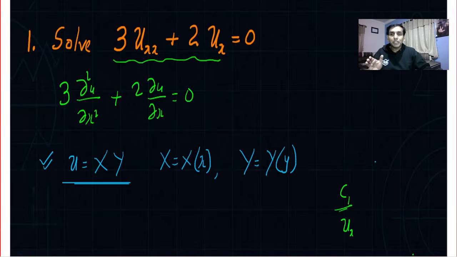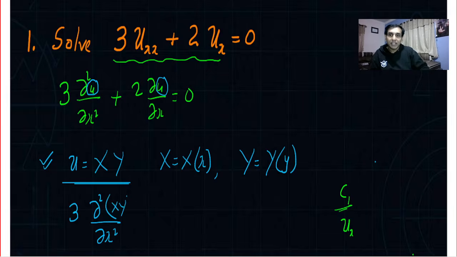Now, the solution will balance the equation. I showed you examples from trigonometry, from quadratics, from derivatives, etc. in the last video. So the solution can be replaced with this u. I'm going to write 3 del square by del x square of x into y plus 2 del by del x of x into y is equal to 0.